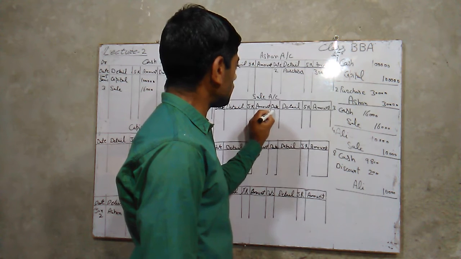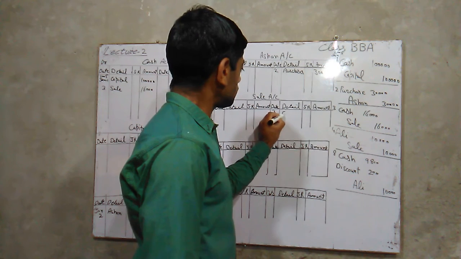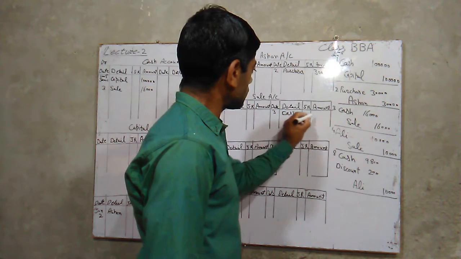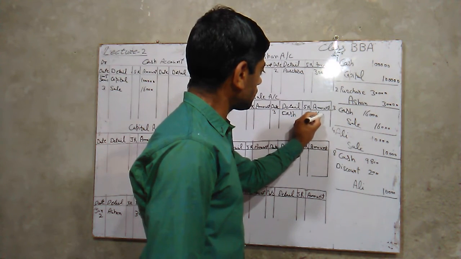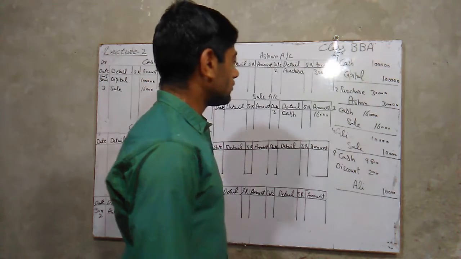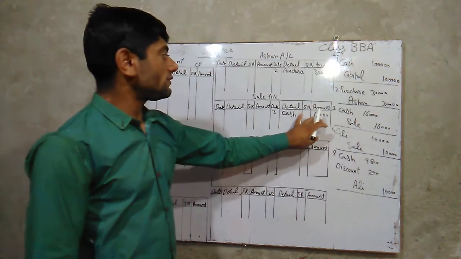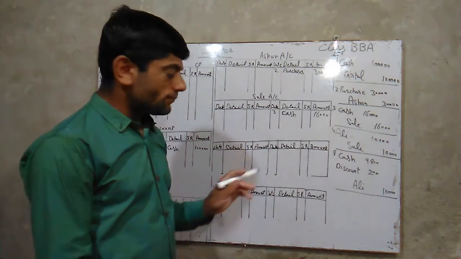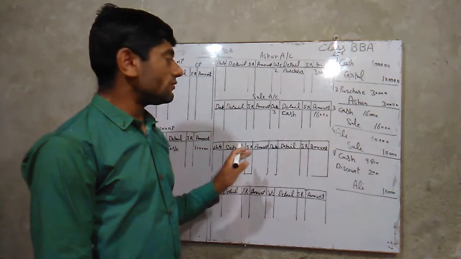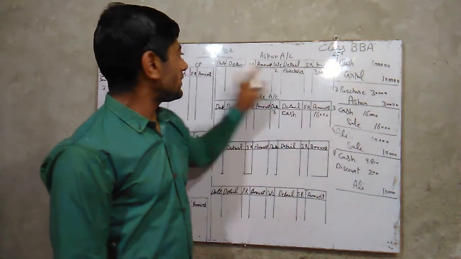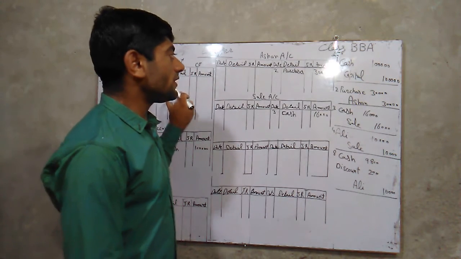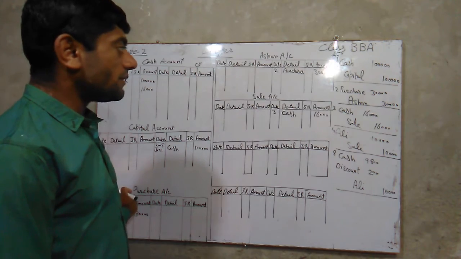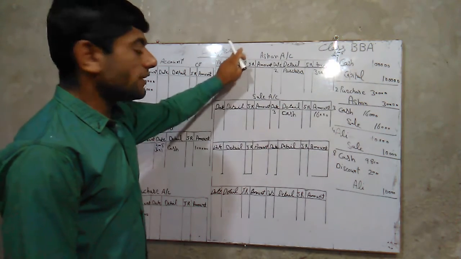So it is posted to the sale account. Each and every account is posted to its own separate account: cash is posted in the cash account, capital in the capital account, purchase is a separate account, and sale also.